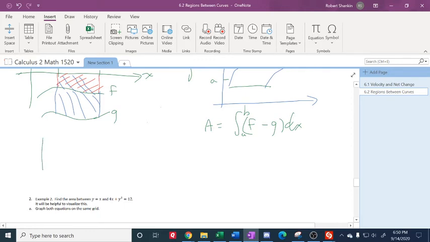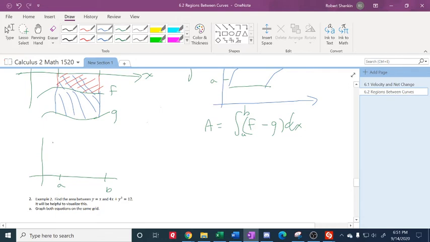Suppose we have, from A to B, suppose F is the upper for a while, G is the lower, but then after a while G is the higher one. Then how do you write the area between the two curves?